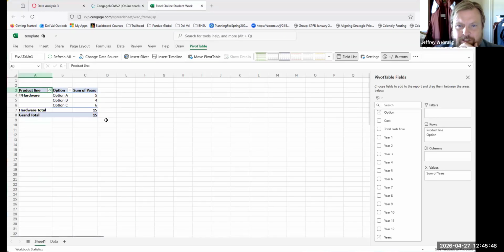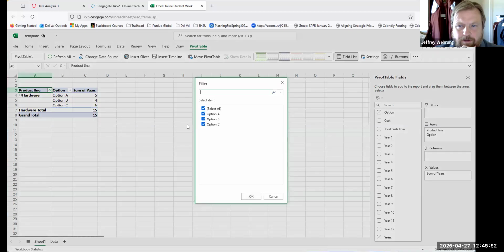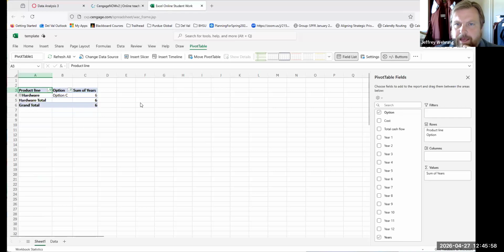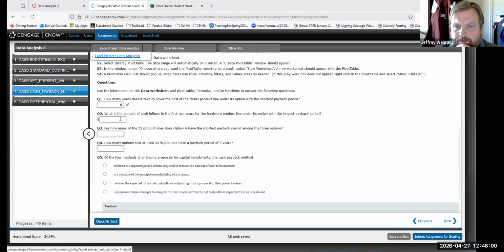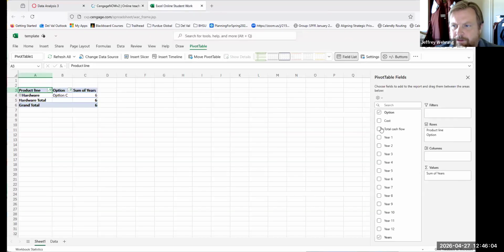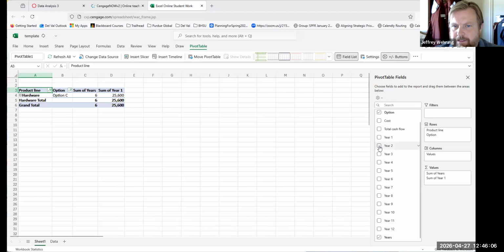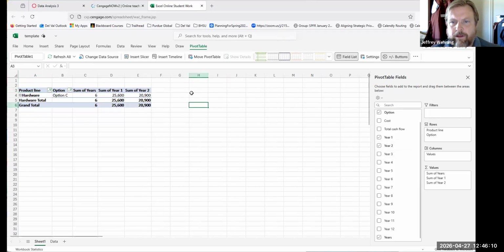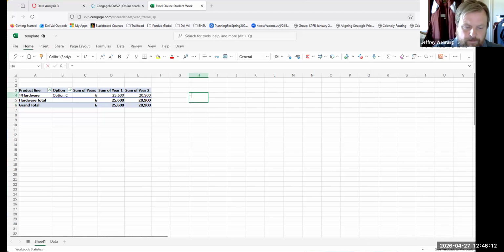So that means I'm really just looking at option C on this one. Okay, and what I want is, what is the amount of cash inflows in the first 2 years? So I just want the first 2 years of cash inflows for this one. There you go. And let's see. The sum of those.